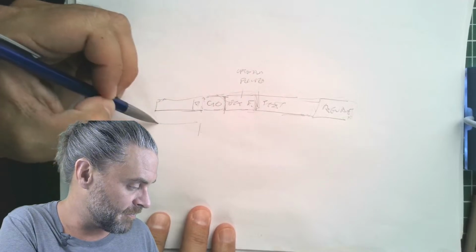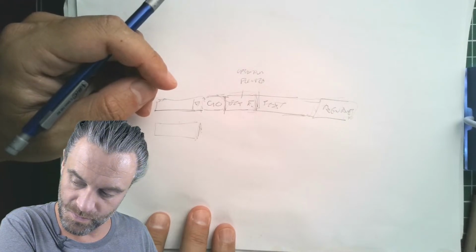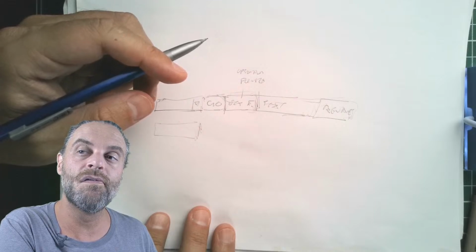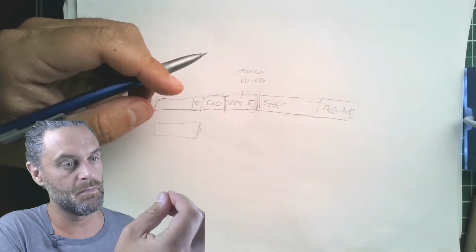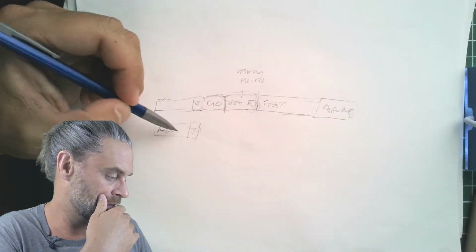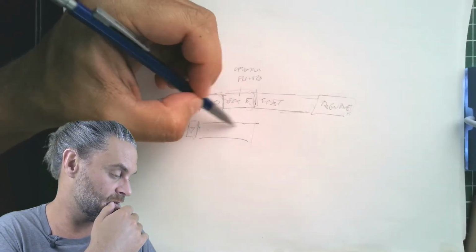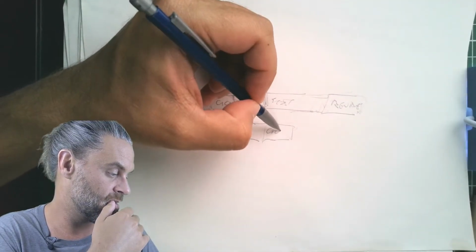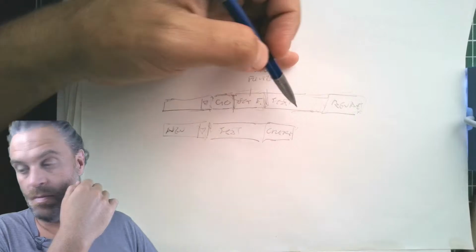Then on the new one, we're going to have the drop down for new. Okay, drop down. New. There's no go. There's no set focus. There's just the text. There's create. And then maybe create plus focus.